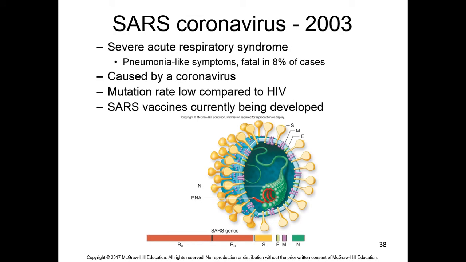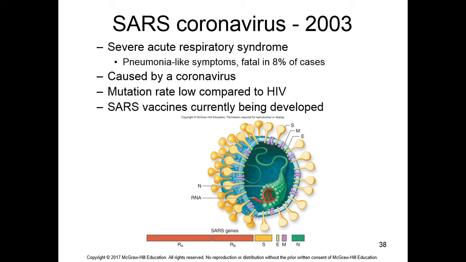In 2003, we had the SARS coronavirus, that is severe acute respiratory syndrome. It also had pneumonia-like symptoms, and it was fatal in 8% of the cases, caused by a member of the coronavirus family.